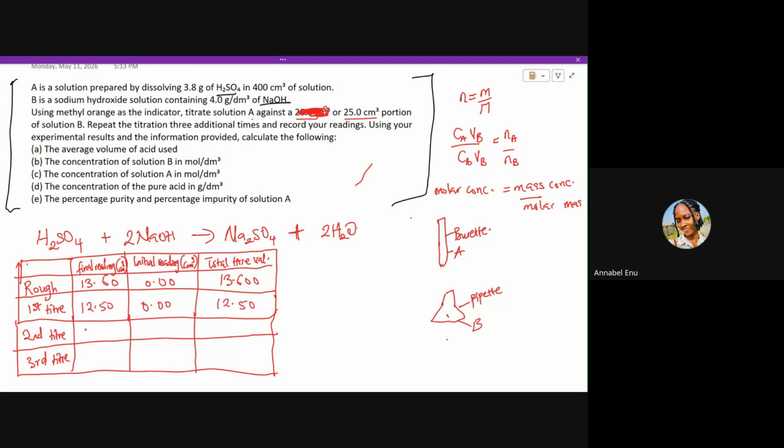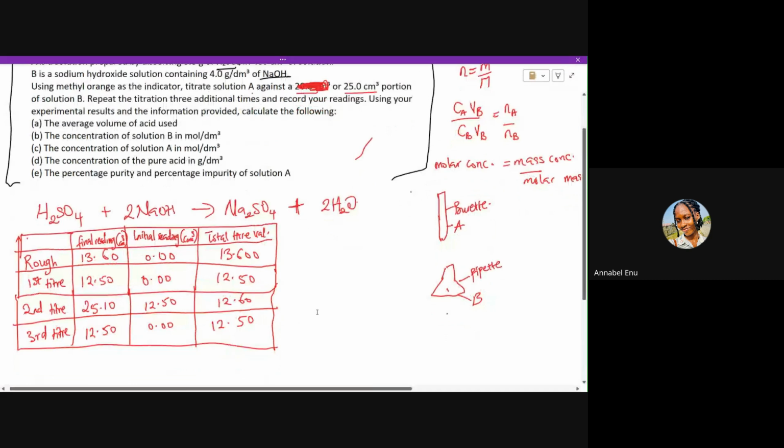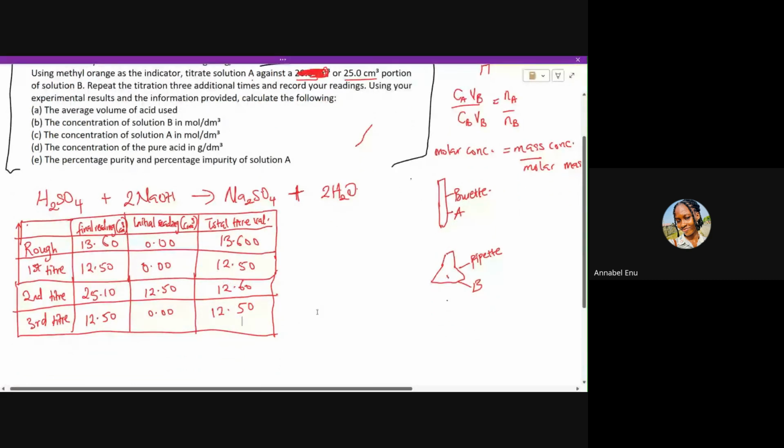And then here, let's say we have 25.10, we have 12.50, and then we have 12.60. Then we have 12.50, 0.00, and 12.50.